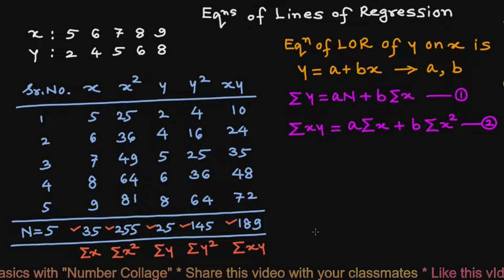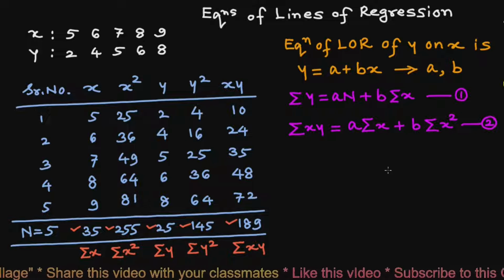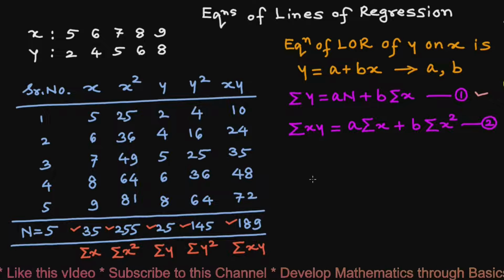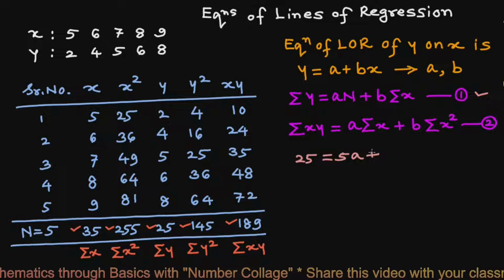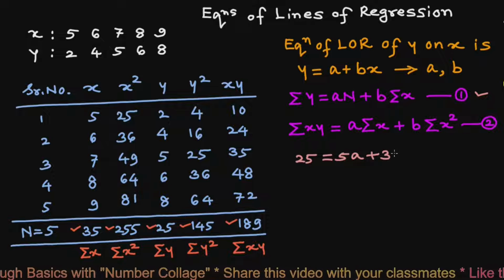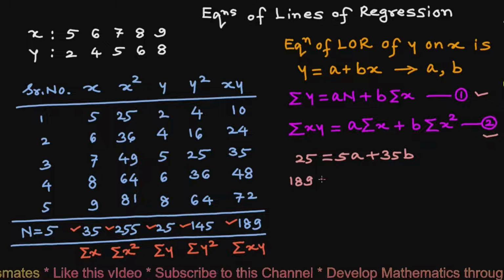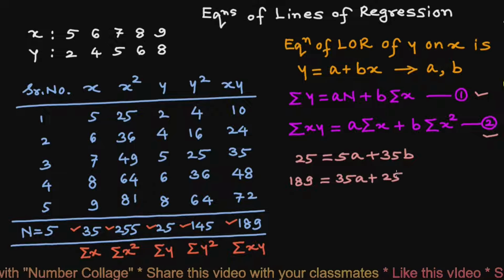Now we will substitute these values in these normal equations and prepare two simultaneous equations. From first, we write 25 equals 5a plus 35b, and from this second we write 189 equals 35a plus 255b.